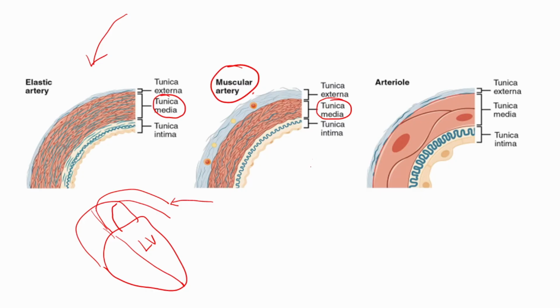As we move closer to microcirculation, the tubes taper into arterioles. That means we started with aortas like this, or elastic arteries, then it became muscular artery, and eventually it turns to small arterioles. And we will talk about arterioles right now.